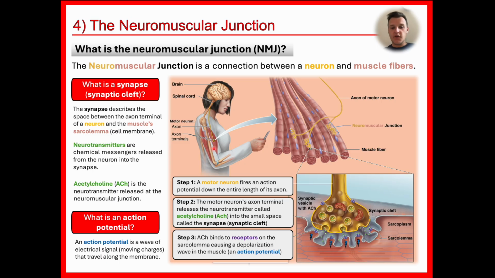So over here, you see this is a zoom in on this area, and you see the axon of the motor neuron come down, and it branches into these little parts here, right? These are called the axon terminals. These are the ends of the axon, and at it, when you look and zoom in, you will find the neuromuscular junction. It is the junction between the neuron and the muscle where they meet, okay?